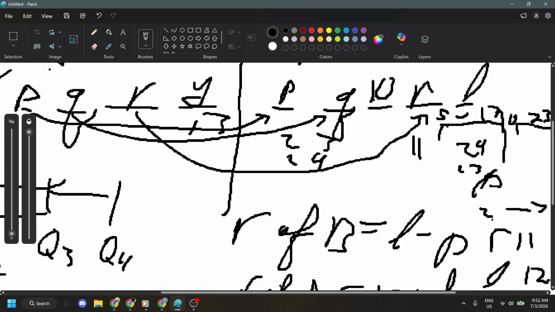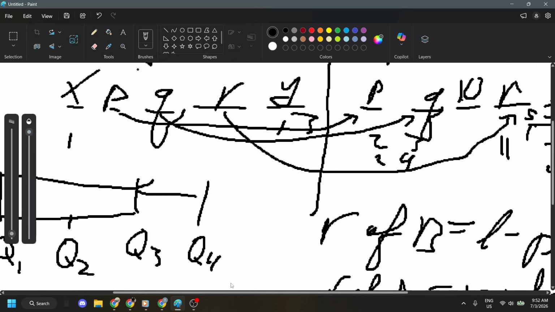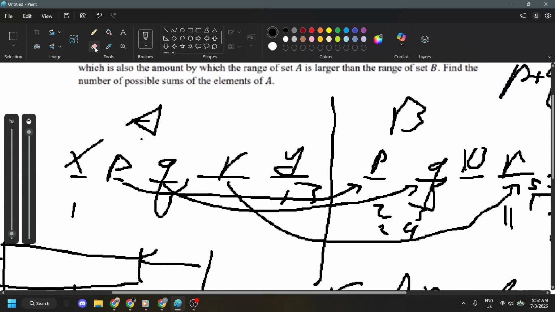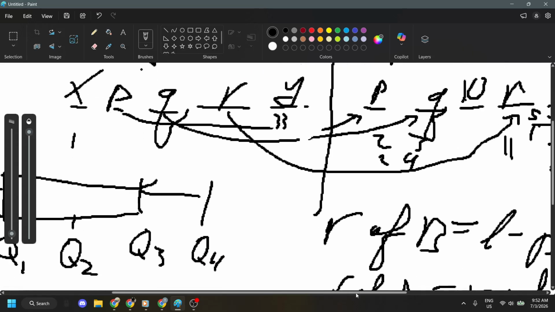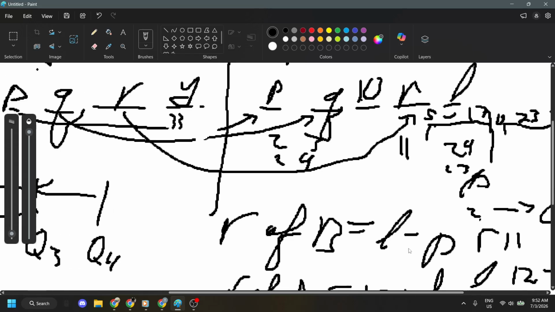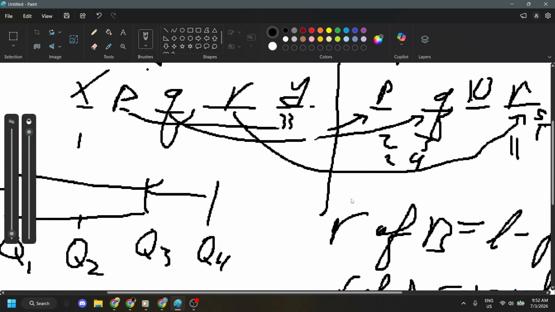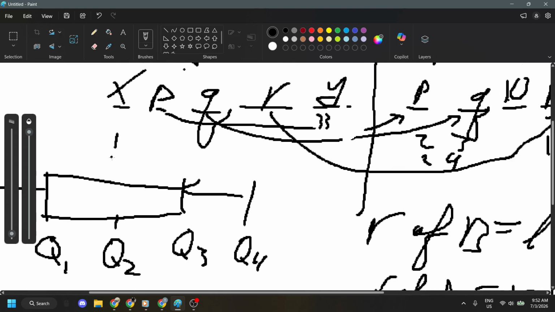So 22 plus 10 is 32. So 32, we have 33. Here, it's 2 to 23, that gives us 11, that gives us 21, so we have 31. So again, we have here 1, but we have 32.